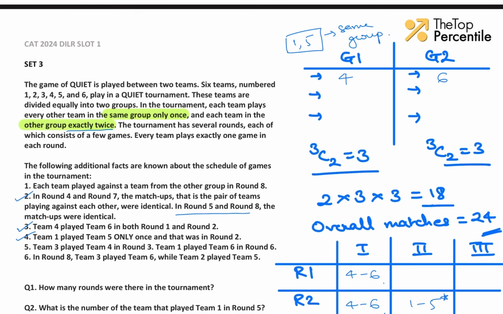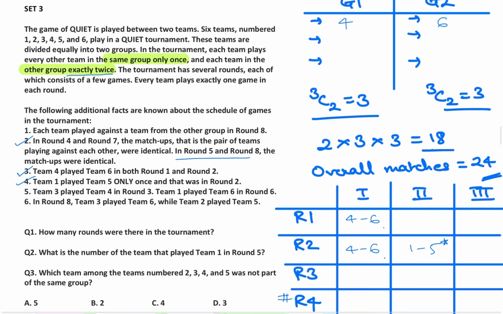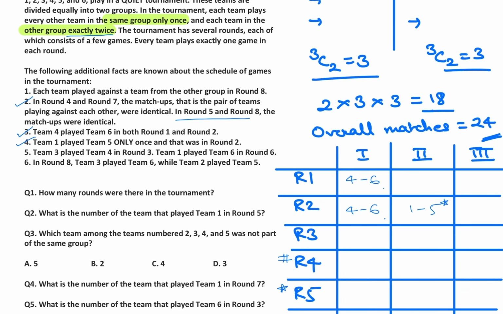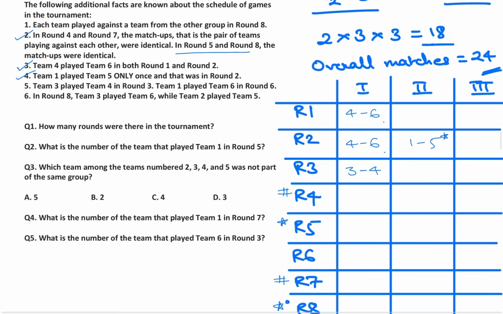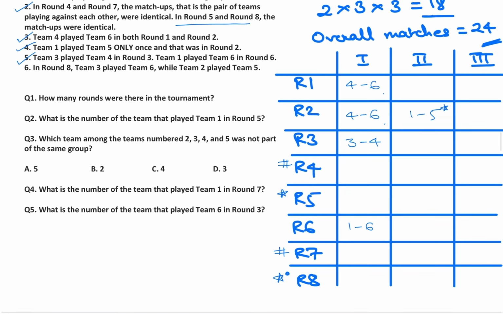Point number 5 says team 3 played team 4 in round 3. Team 1 played team 6 in round 6. Point number 5 is done as well. Point number 6 says in round 8, team 3 played team 6 while team 2 played team 5.